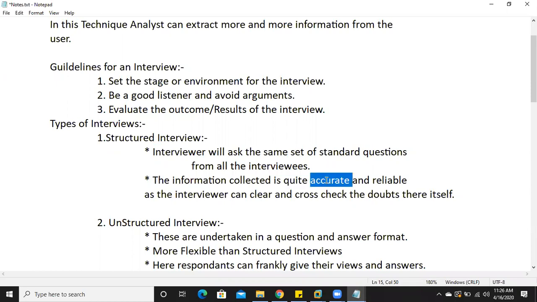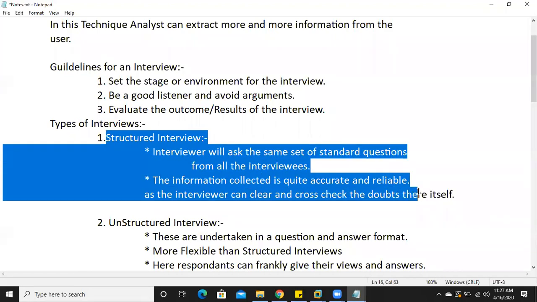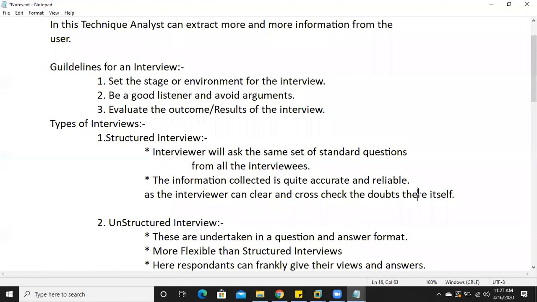It is also very reliable because it is very formal and structured, the interviewer is a good listener, and he avoids arguments in this type of interview. That's why it is very reliable also.